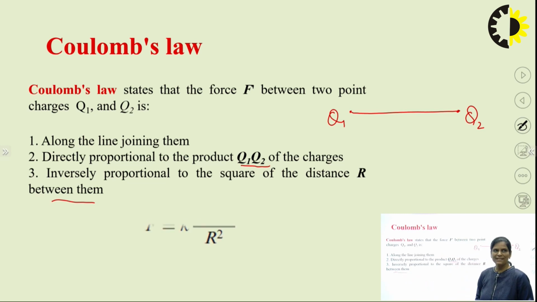So its formula is F is equal to K Q1 Q2 upon R square.